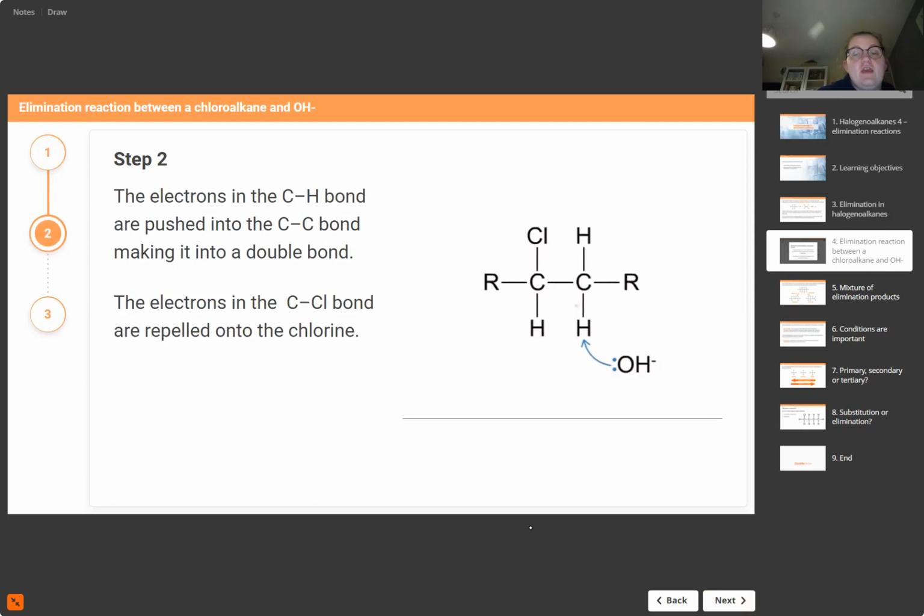The electrons in this carbon-hydrogen bond here are pushed into the carbon-carbon bond. It does that because obviously it's attacked here, those electrons are going to go here, so then these electrons are going to go there, and that forms a double bond.